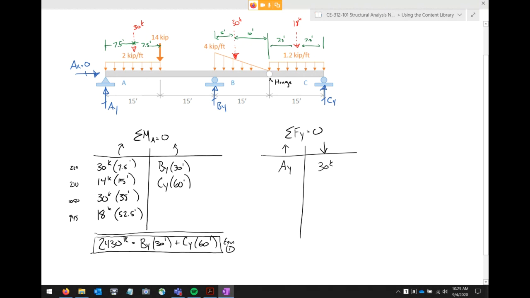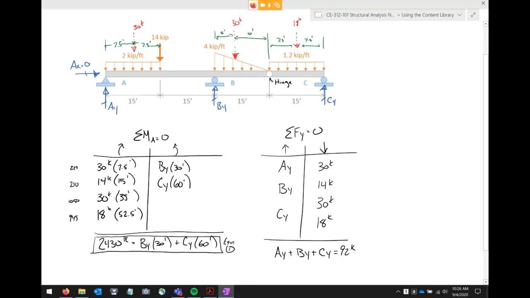We have 30 kips going down, 14 kips going down, BY going up, 30 kips going up, 18 kips going down, CY going down. AY plus BY plus CY equals, what do we got? We got 30 and 30 is 60, 14 and 18 is 32, so that's 92 kips.